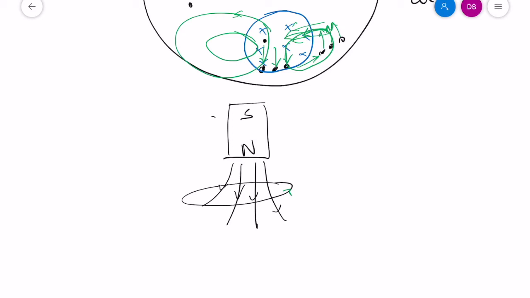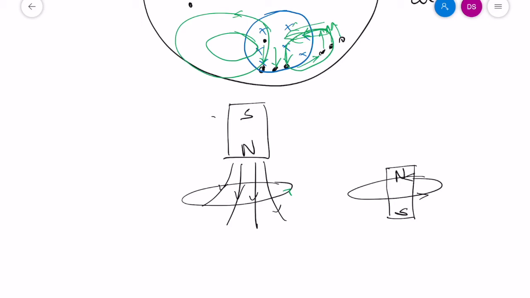So if you have a loop that's driving current this way, then it will have a magnetic field pointing upwards, right? A magnetic field pointing upwards is equivalent to a little bar magnet with its north pole over here and south pole over here, because that would also produce a magnetic field pointing upwards. So in effect, the loop is acting like a small magnet which repels the incoming magnet.